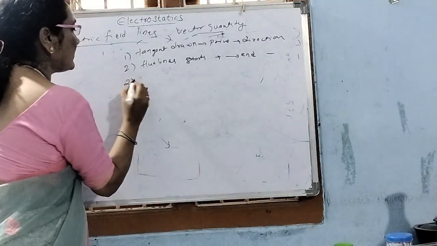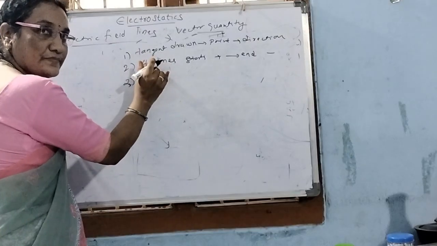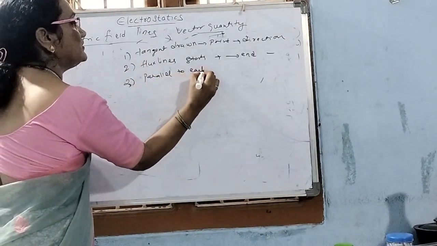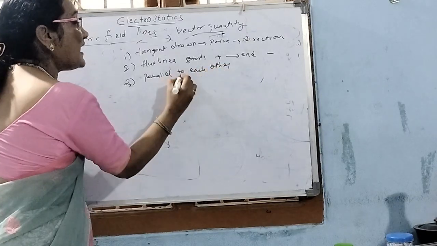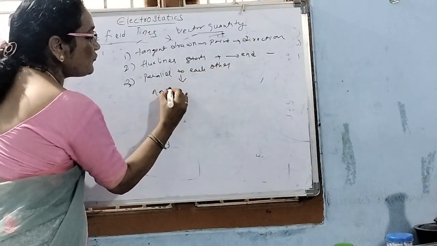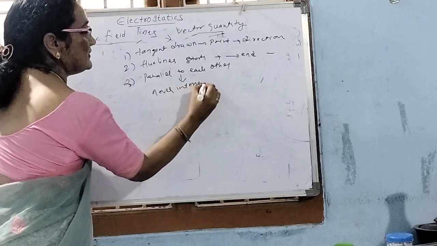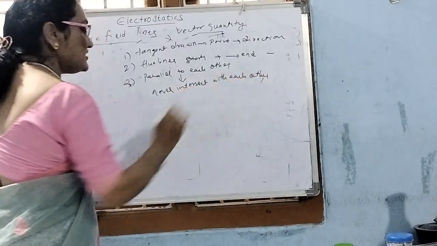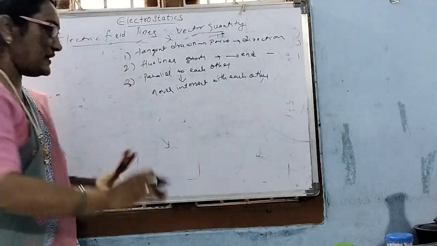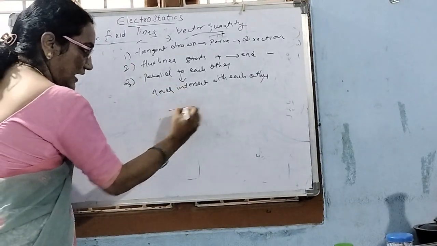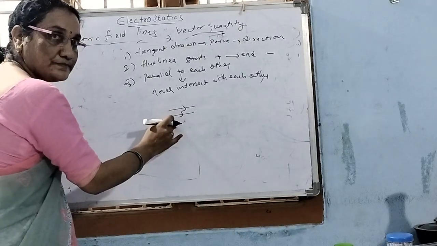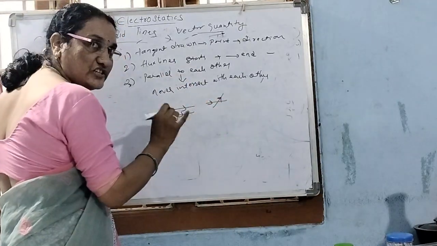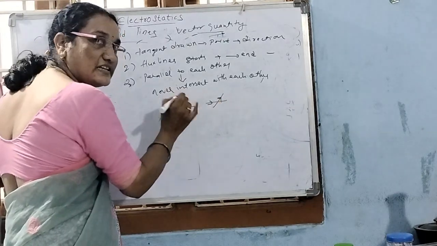Next, these flux lines are every time parallel to each other, meaning they never intersect with each other. For example, let us think that they are intersecting with each other.